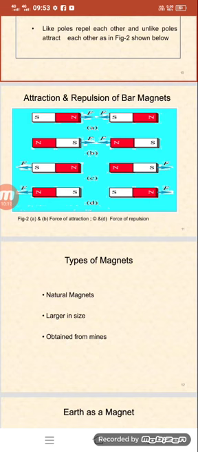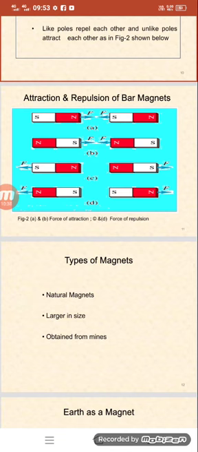On the left side of the picture we have north and south, and on the right side we have south and north. So we have two different poles near each other, two unlike poles. When two unlike poles are near each other, there is a force of attraction between them, because they are always going to be attracted.